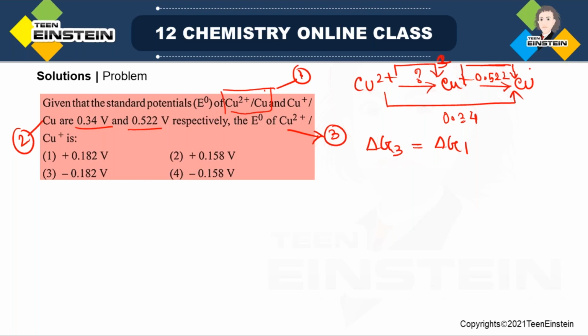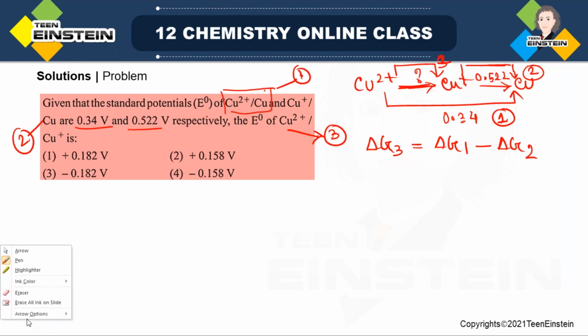Then 0.522, that is Cu+ to Cu. This is the second system, number 2, and this is number 1. So you can see, if you want to find this, basically it is 1 minus 2. And it will also be clear if you write the equations.